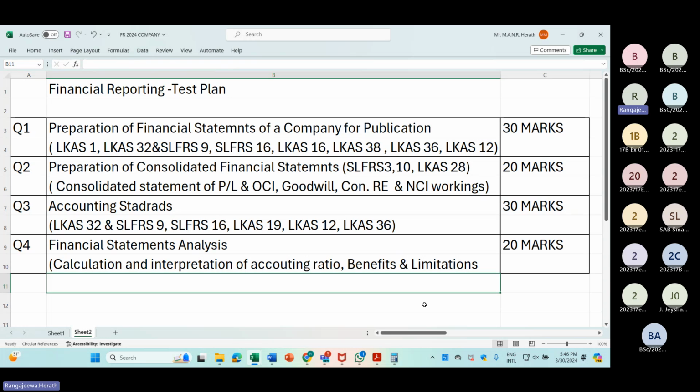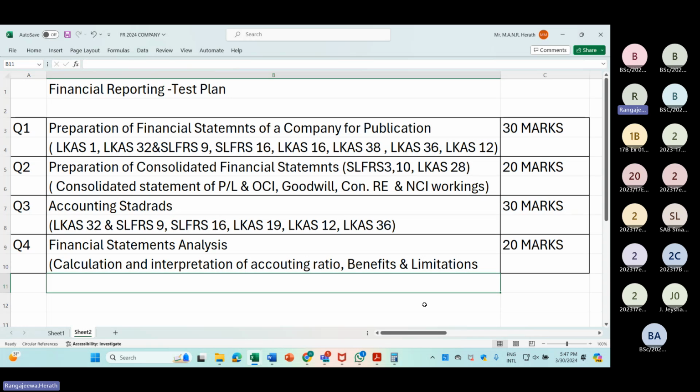So company questions, you need practice, right? Basically all questions you need practice. Company questions, if you do not practice, you will not be able to work them out during the time available. Right, standards, you should know the standards application. Even in company accounts, we are applying some standards.